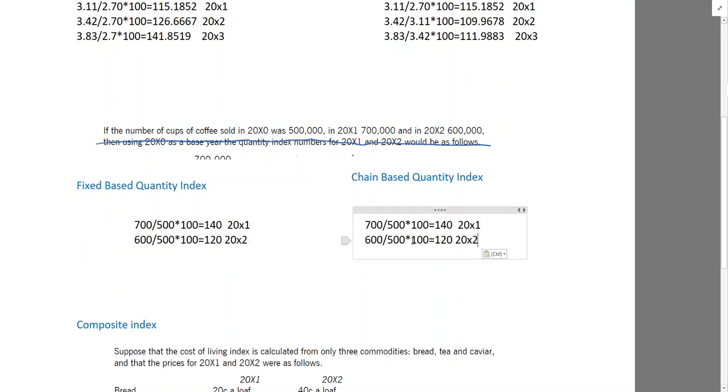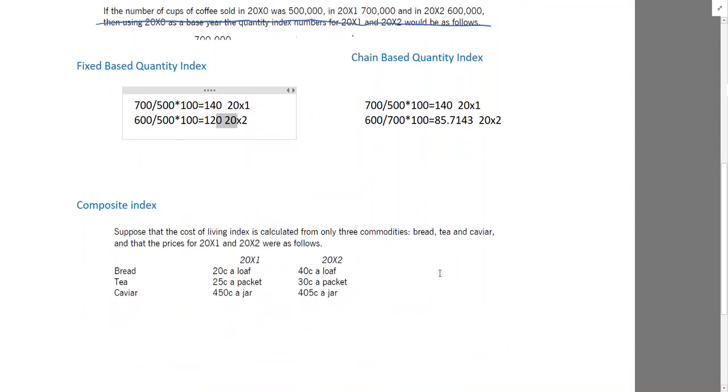And then in chain based, we take the previous year as base for this year. So you can see in chain base it is lower than 100, but in fixed base it is still higher than 100.